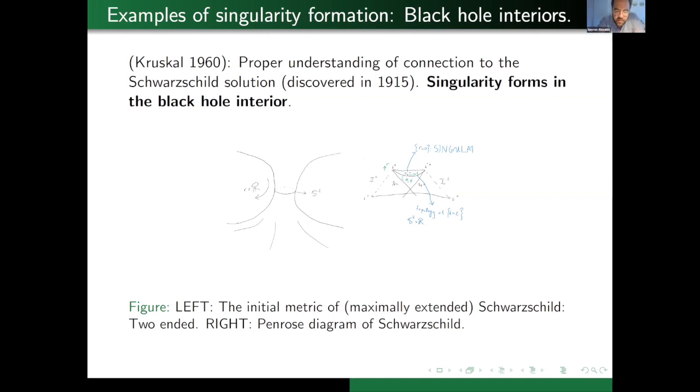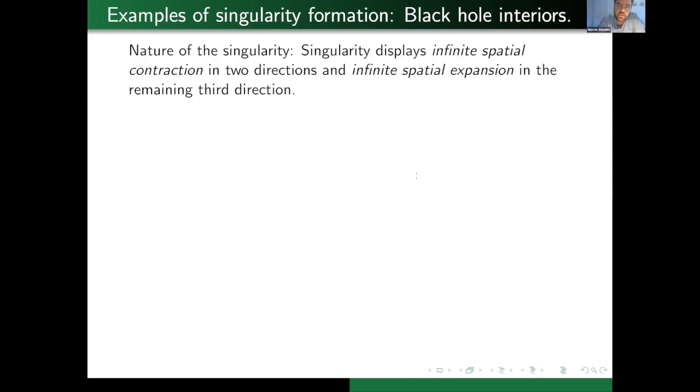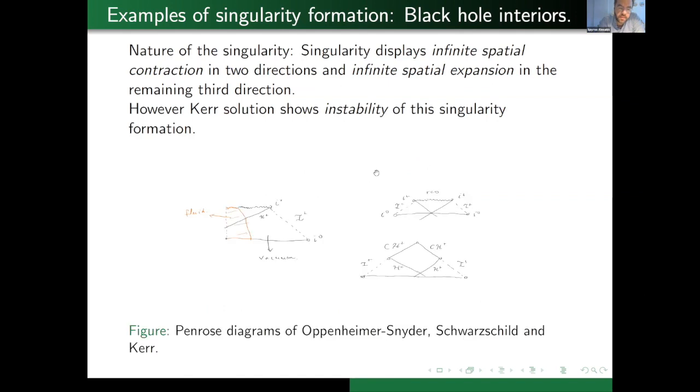So in fact, the Oppenheimer-Snyder solution perfectly agrees with Schwarzschild in the vacuum region. So this portion of Oppenheimer-Snyder, where there is vacuum, corresponds to a portion of the maximally extended Schwarzschild, just a portion. The remaining bit experiences this contraction. This is the Penrose diagram of Oppenheimer-Snyder.